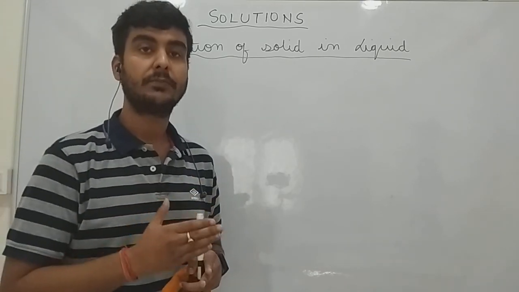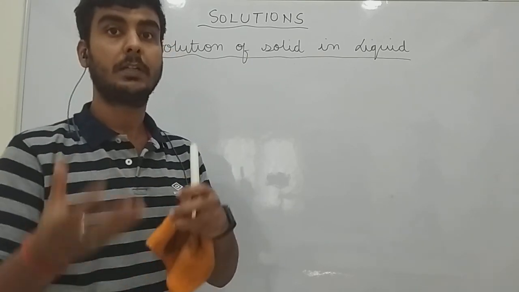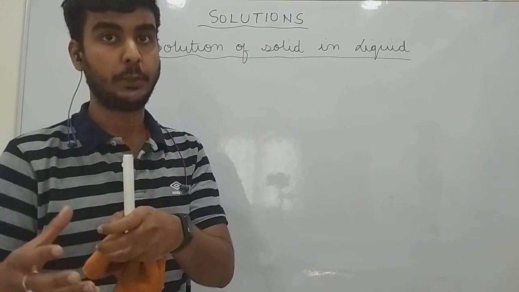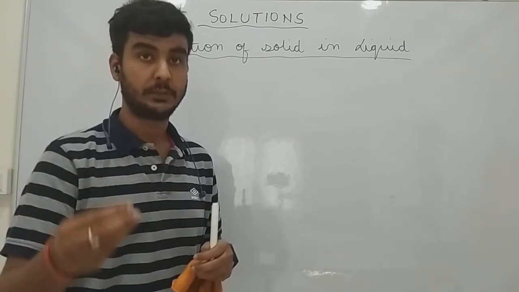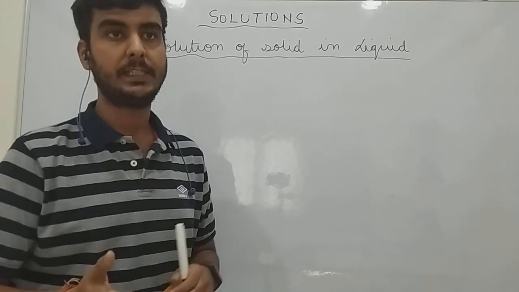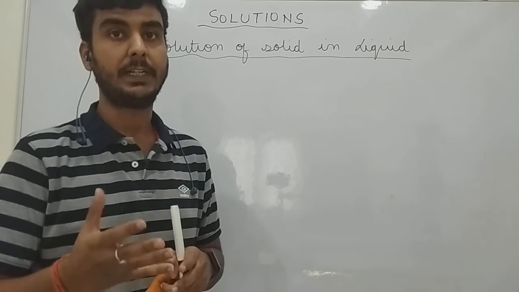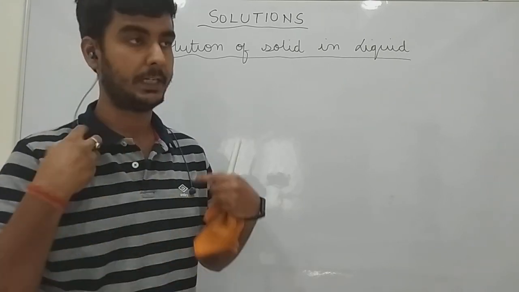So there are some factors which influence how much solute, that is solid, you can dissolve in a given amount of solvent, which is generally liquid. So let us see the factors affecting the solubility of a solid in a liquid.